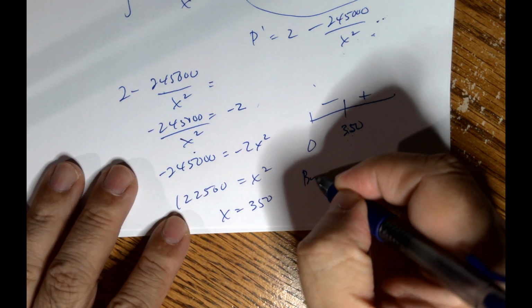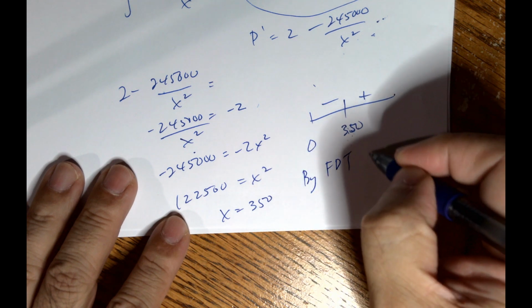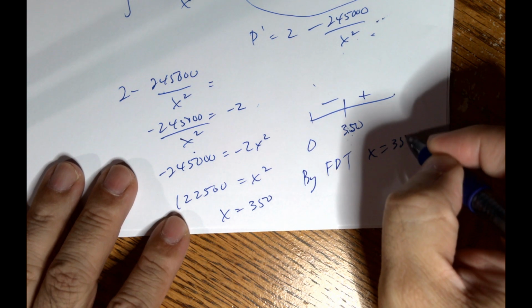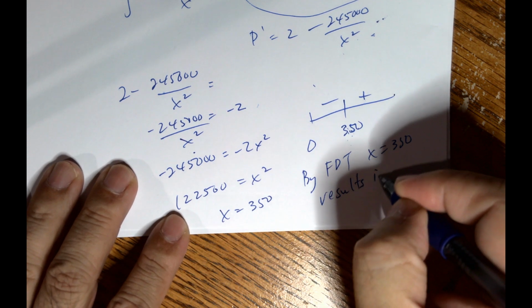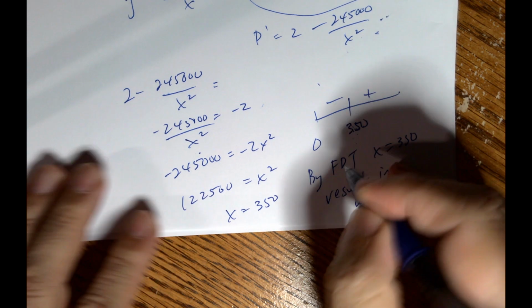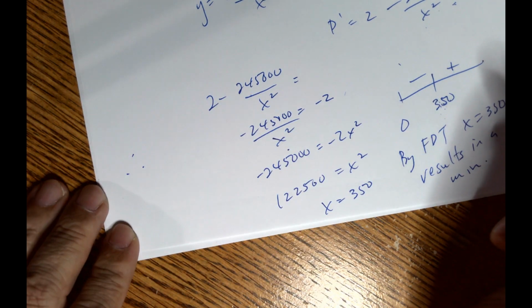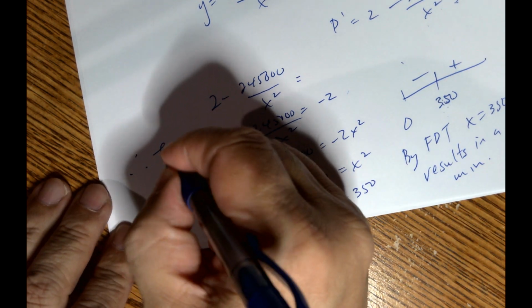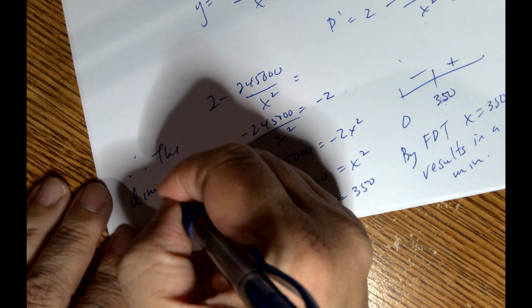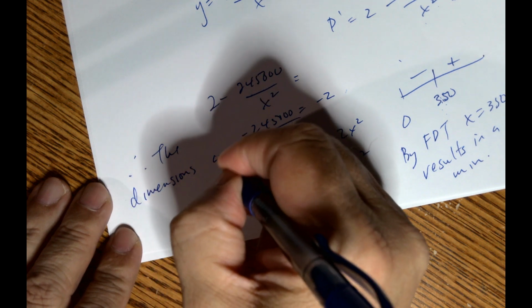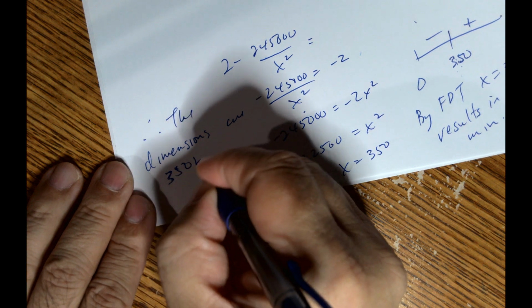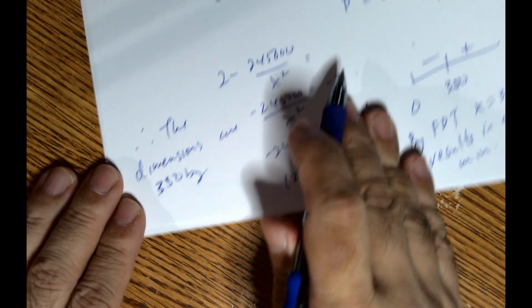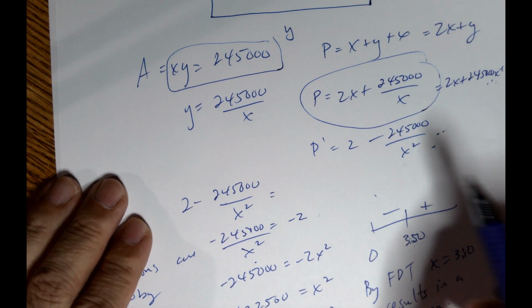So by first derivative test, x equals 350 results in a min. Therefore, the dimensions are 350 by, and then where do I get this?